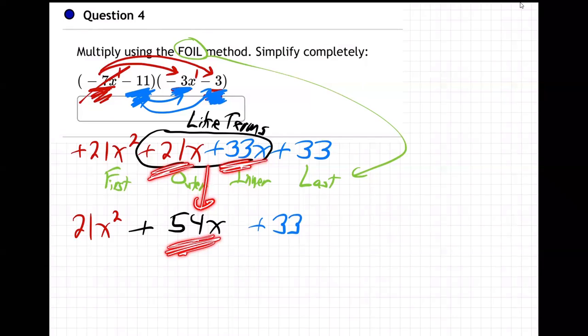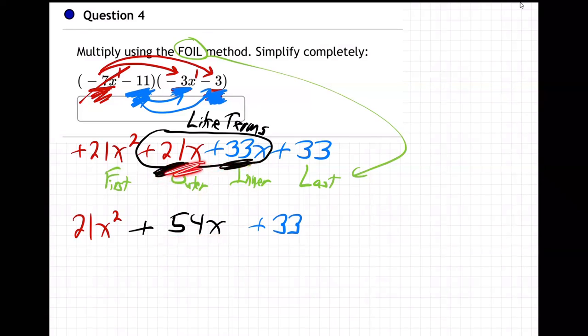You don't add any powers, right? So when you're adding like terms, you don't mess with the powers. You don't go x1, x1 is x2. No, that's only multiplying. It's only when we multiply that we add the powers. When it comes to adding, we only add like terms, right?